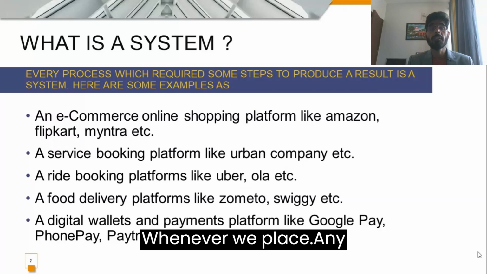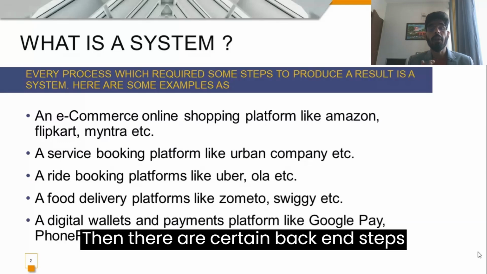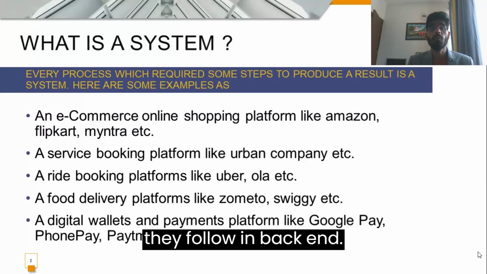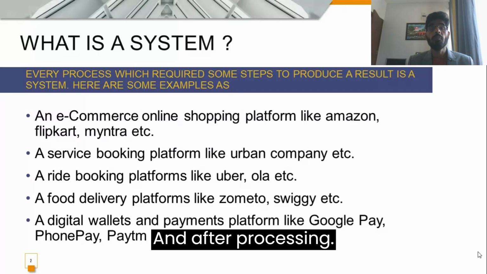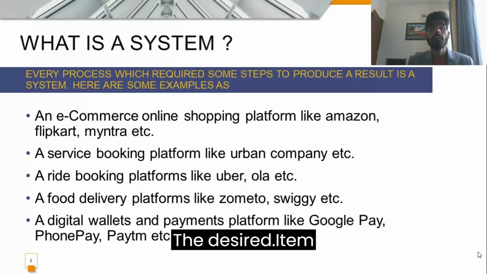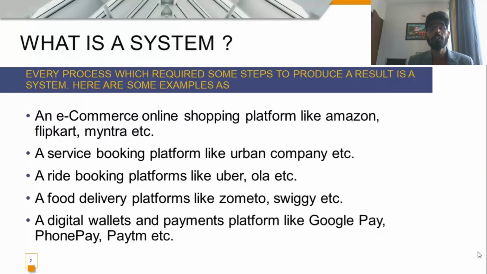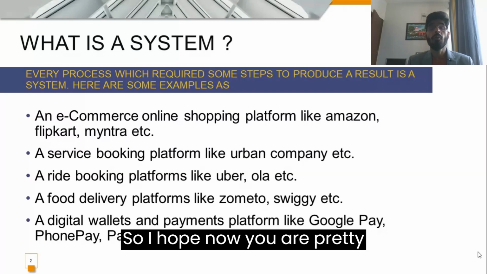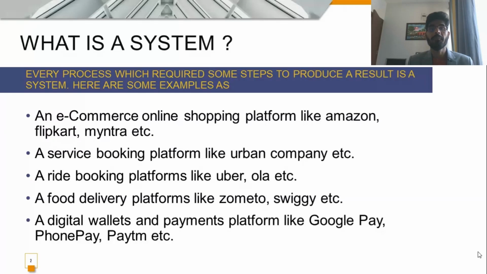Whenever we place an order on Amazon or Myntra, there are certain backend steps they follow. And after processing, the desired item gets delivered to our doorstep as an output. So I hope now you are pretty clear about what a system is.